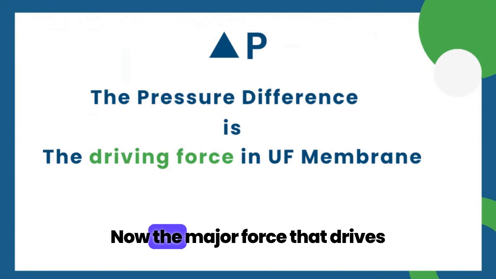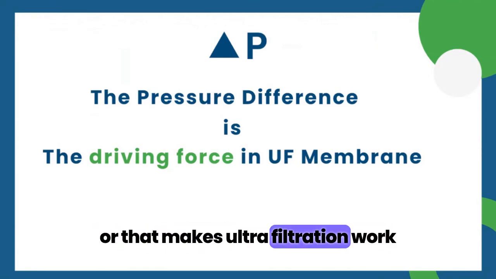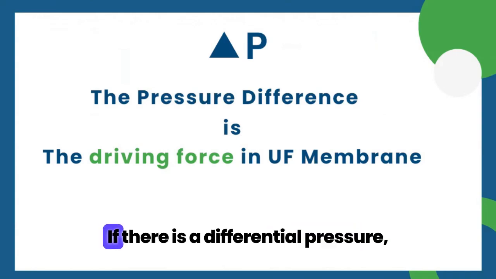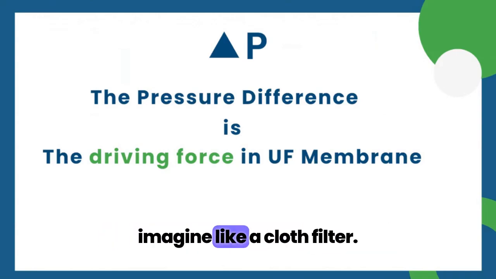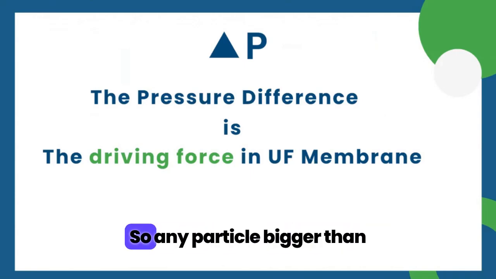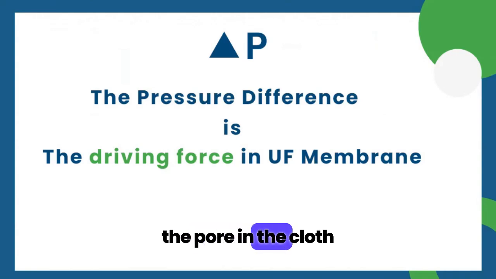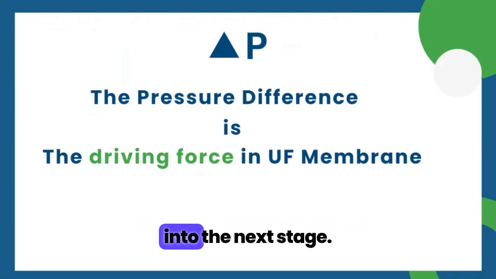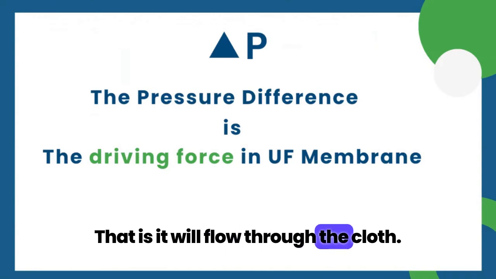Now, the major force that drives or that makes ultrafiltration work is the pressure, the differential pressure. If there is a differential pressure, imagine like a cloth filter, like on a piece of cloth, you are pouring water. So any particle bigger than the pore in the cloth will get blocked by the cloth. So the water will go into the next stage. That is, it will flow through the cloth.